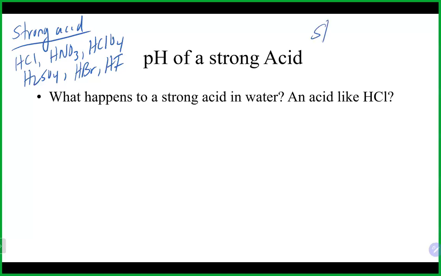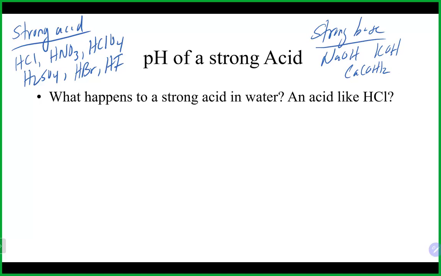Remember, some strong bases are group 1 and 2 on the periodic table that have hydroxide in them, like sodium hydroxide, potassium hydroxide, calcium hydroxide, etc.